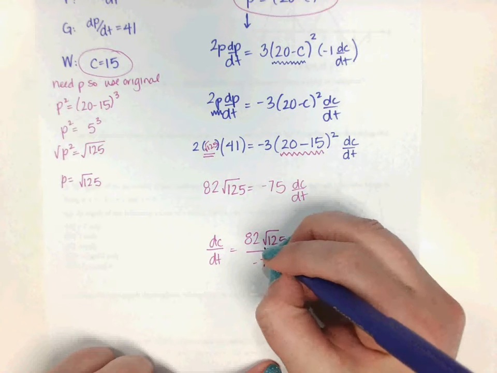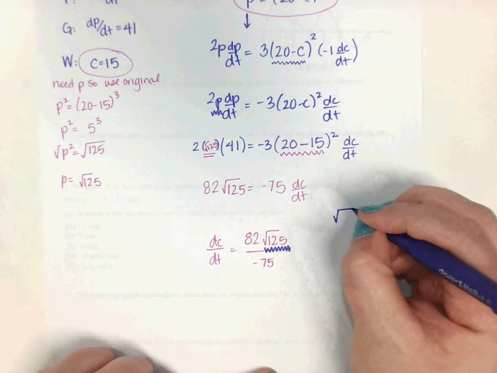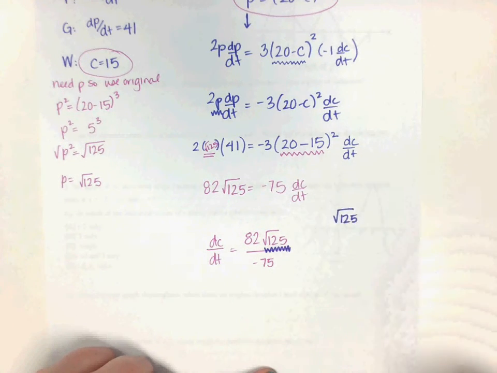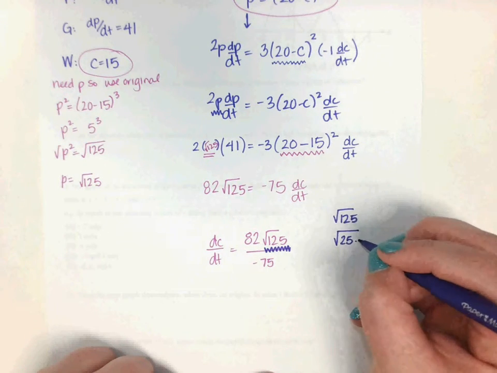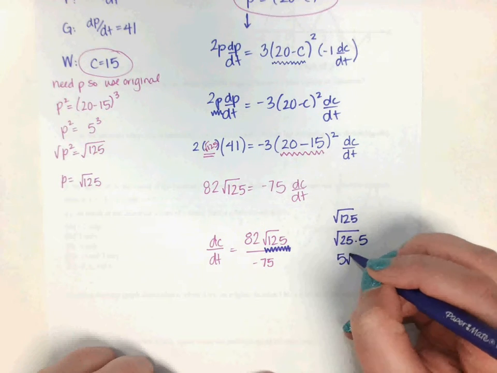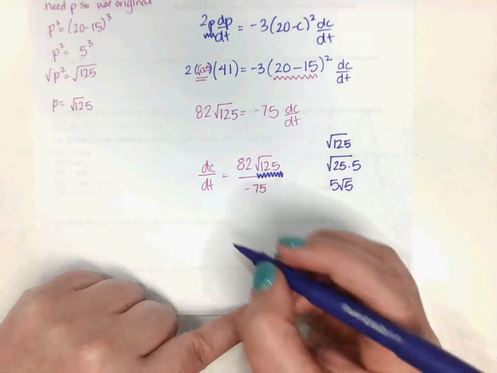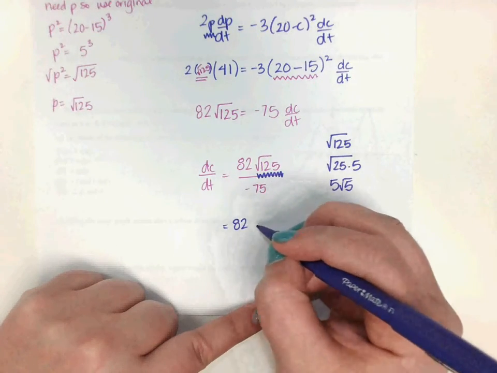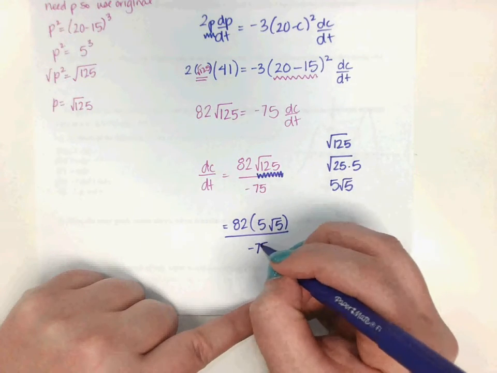Now, I will say that most of the time on the AP test, they don't make you simplify these. But if it's 125, what perfect square is inside that? 25 times 5. And then what's the square root of 25? 5 root 5. So I'm going to reduce that to be 82, 5 root 5 over 75.